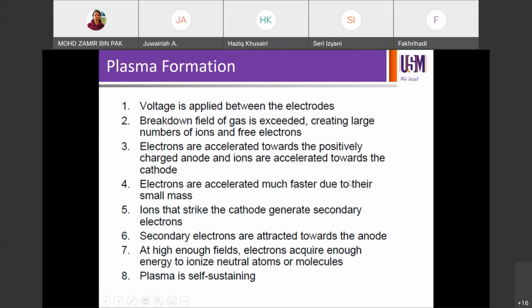So these are the steps involved in order to create plasma in the chamber. The first one, you need to supply the voltage between the electrodes. Now you can see you have anode and cathode, and then you have plasma in between. You need to apply a voltage drop between the electrodes in order to convert your gas into ions. That will strip your valence electrons off and create Ar plus. So the breakdown field of the gas is exceeded.